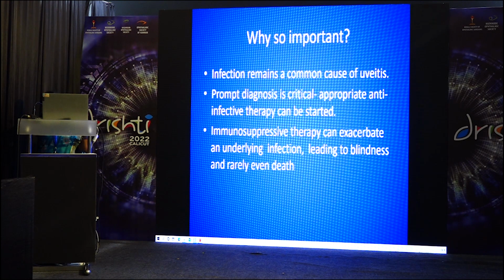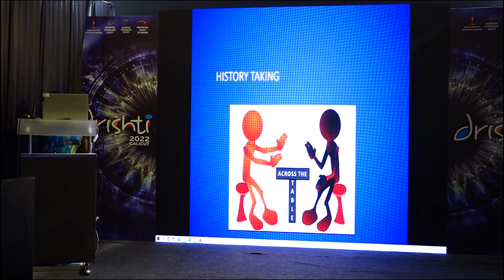Because infection remains a common cause of uveitis and prompt diagnosis is critical so that appropriate antibiotic therapy can be started on time. Considering an immune etiology and starting immunosuppressive therapy can exacerbate an underlying infection that can lead to blindness and rarely even death.